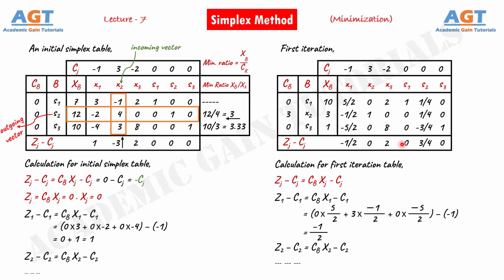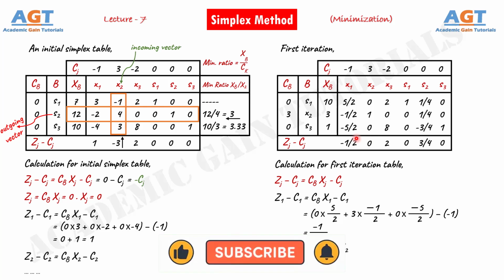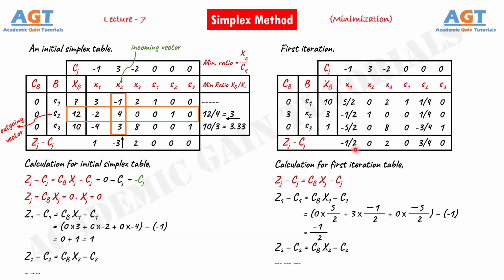Now, all the values of Zj minus Cj are not greater than or equal to 0. Here we can see a negative value of Zj minus Cj, which is minus 1 by 2. We will indicate this negative value of minus 1 by 2 using an arrow, and this corresponding column will be the key column. The variable x1 will be the incoming vector.